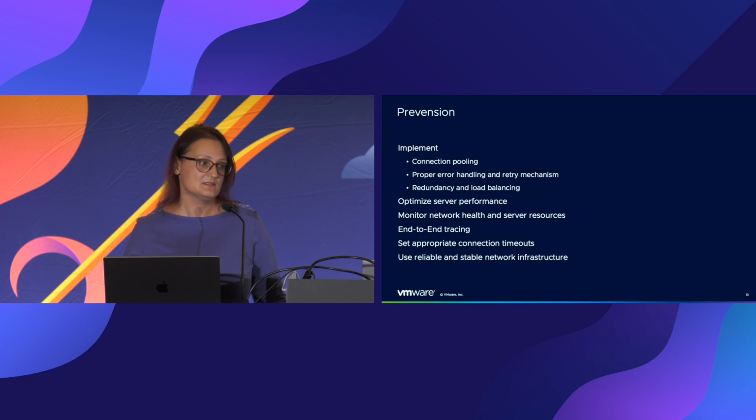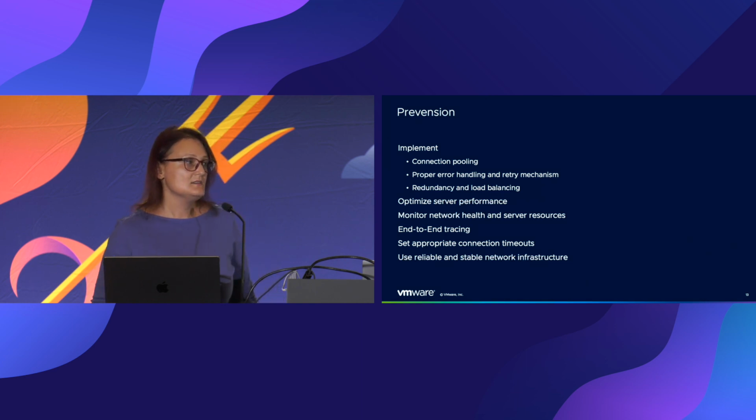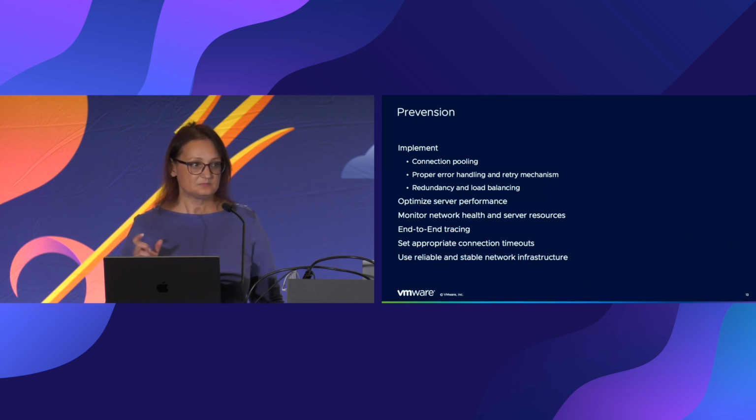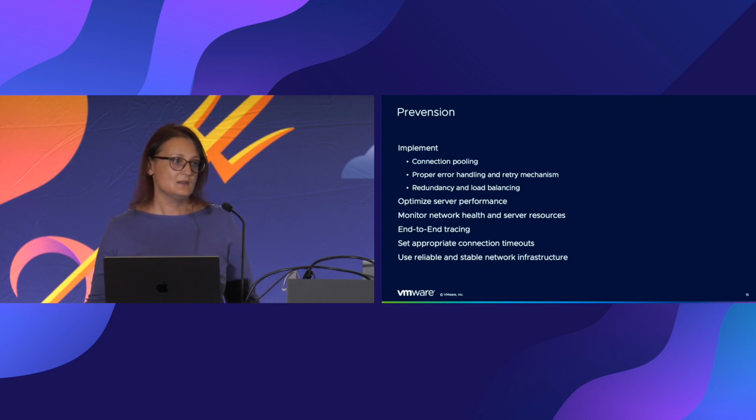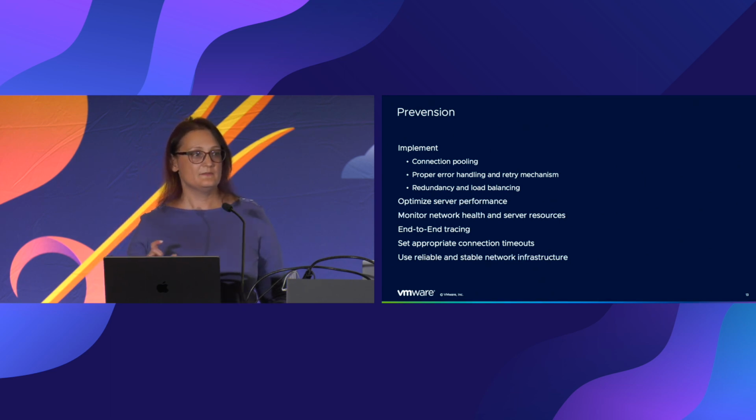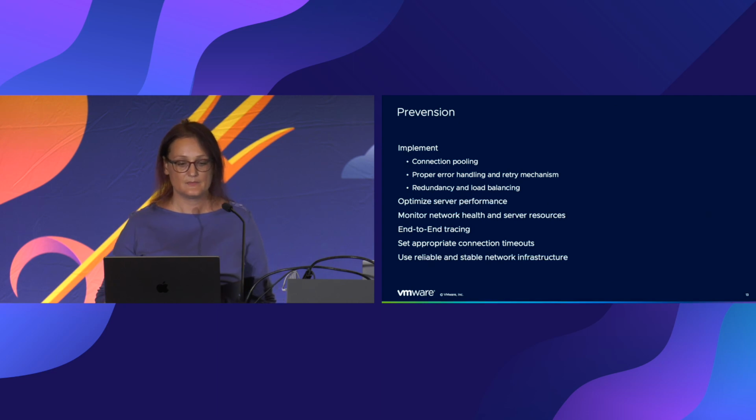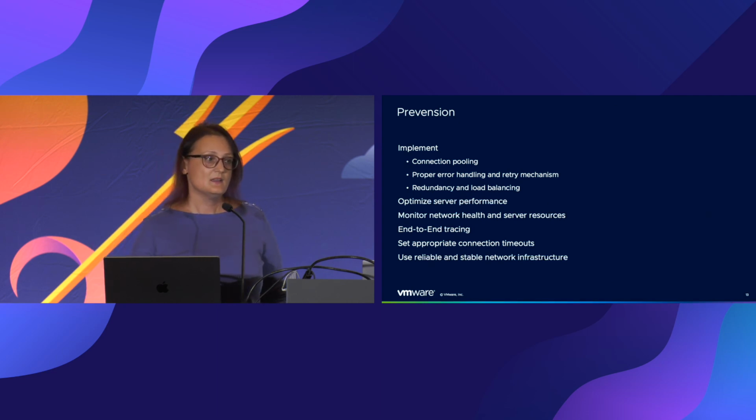Let's continue with the server side. It's really important that you configure the server capacity so you prevent a server overload. You should have proper network health and server resources monitoring, which can give you some insights into whether you have potential issues with the server or network.